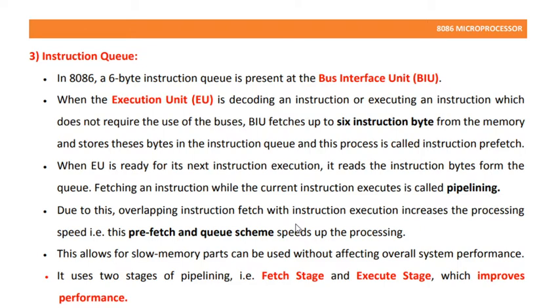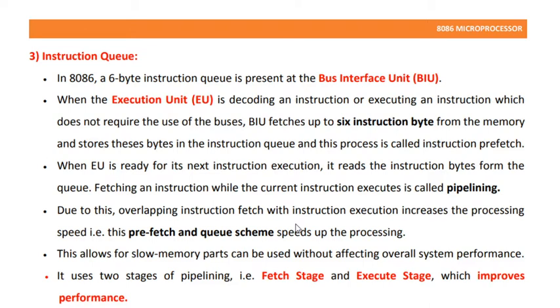To begin with, let us try to understand what is instruction queue and what is its utility. Before understanding instruction queue, it is very important for us to understand that 8086 microprocessor has two functional units. These functional units are the bus interface unit and the execution unit. The bus interface unit and the execution unit have their roles well defined.